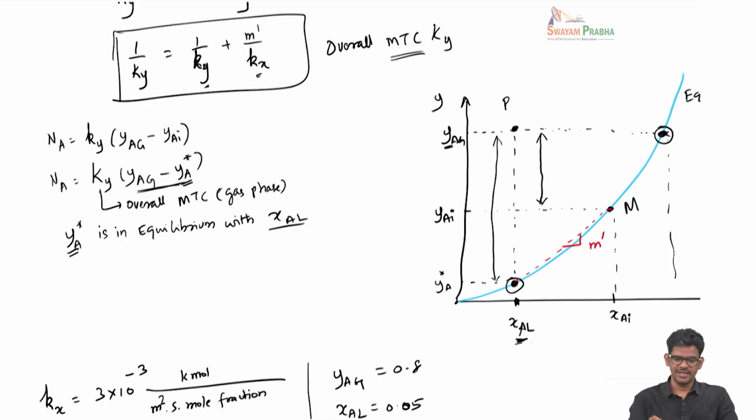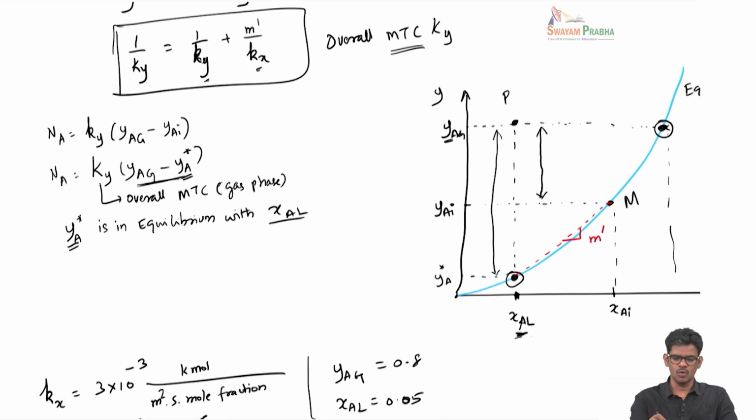I also showed the relationship between the overall mass transfer coefficient and the local coefficients using the line that joins this point and this point, which has slope M prime. Whether you use local coefficients or the overall mass transfer coefficients with the different driving forces, the flux that you calculate will be the same.